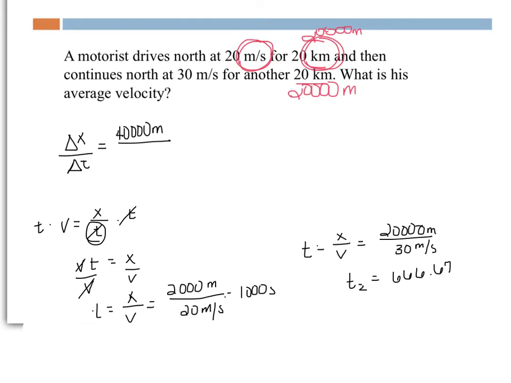So we have a time for our second segment and a time for our first segment. Because we're trying to solve for average velocity, which is displacement over total time, all we need to do is add these two times together, which gives us 1,666.67. You should get something close to 24 meters per second.